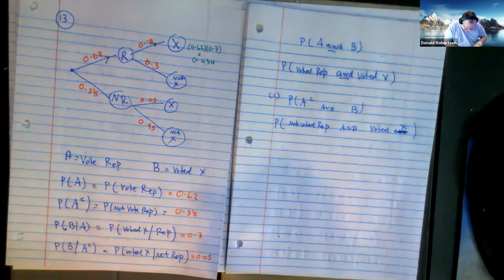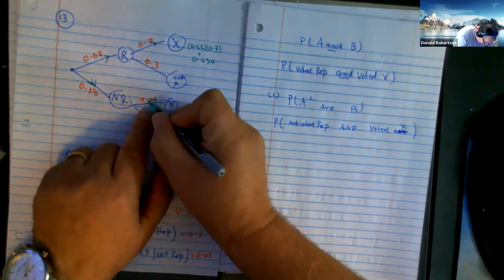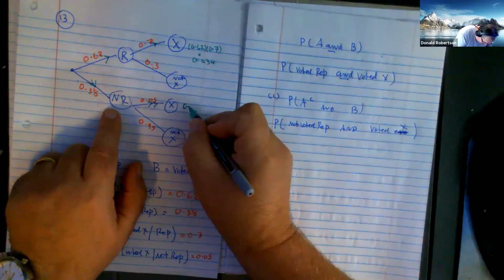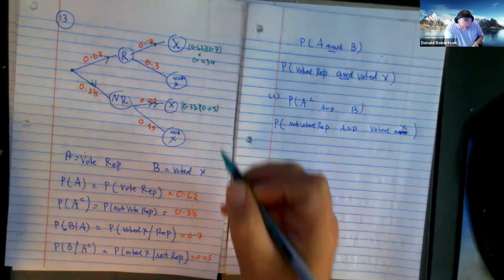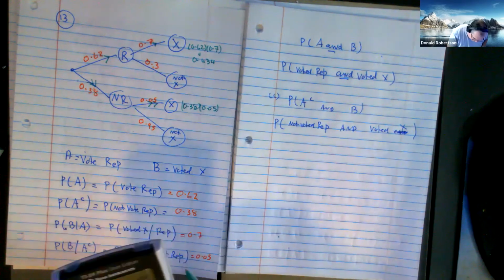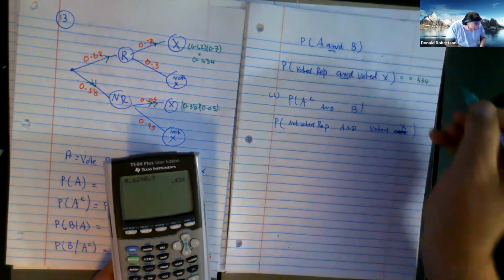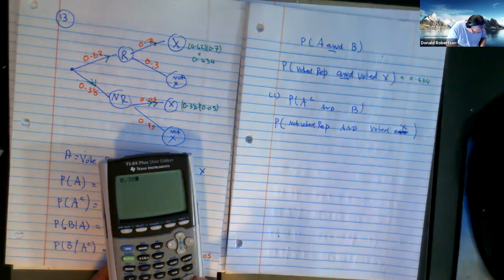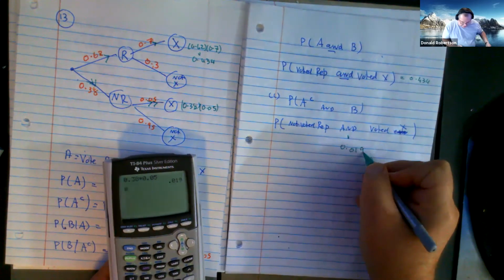Now, on my pathway, a not Republican who then went on to vote X is that pathway. And that ends up being 0.38 times 0.05. Let's do that. 0.38 times 0.05, and I come up with 0.019. Are you comfortable with that?